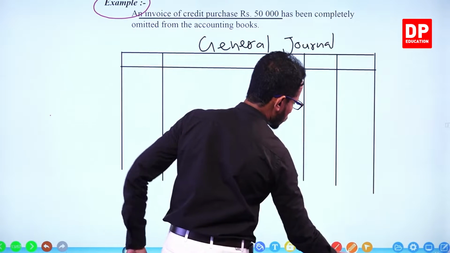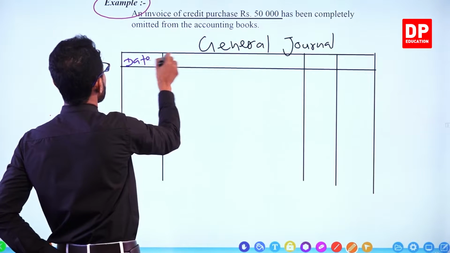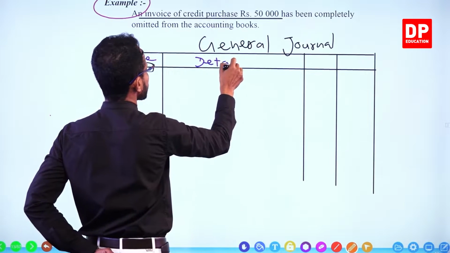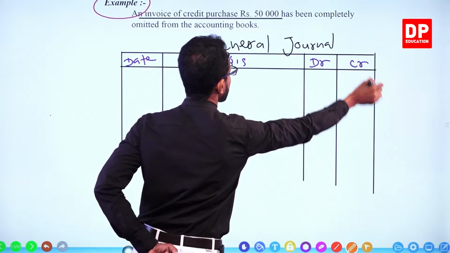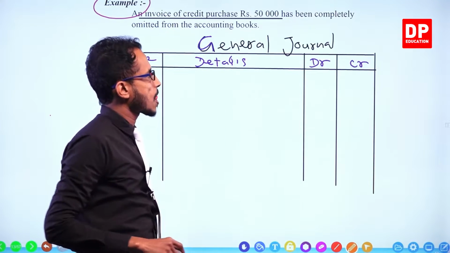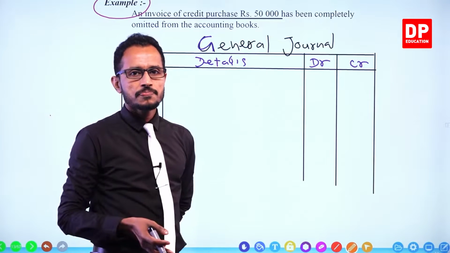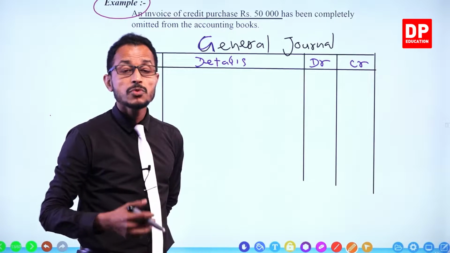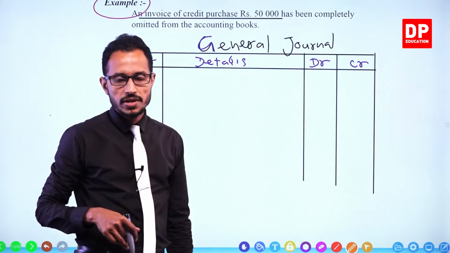General journal. Date, details, debit, credit. The general journal. Alright. We have to record this error, not the error, we have to record the rectifying entry.